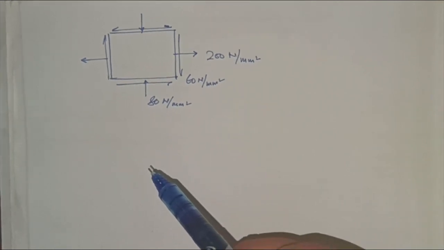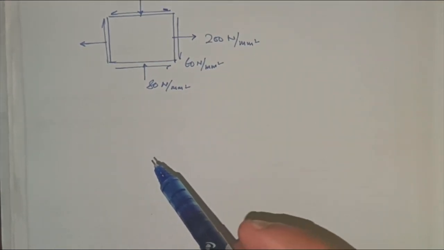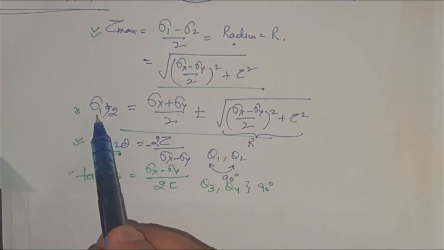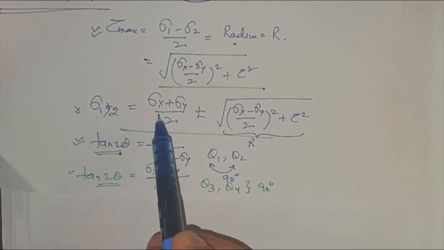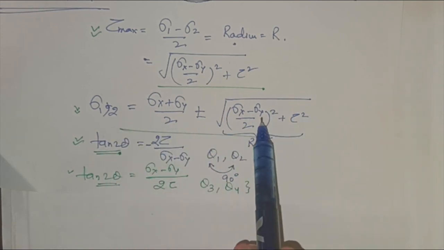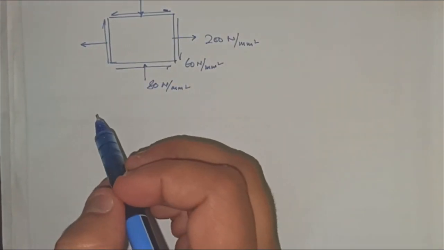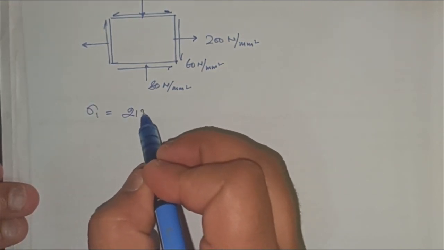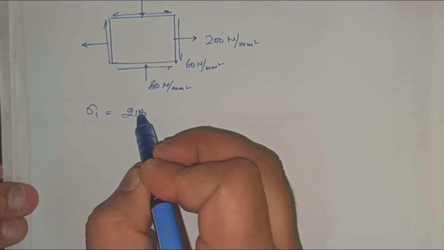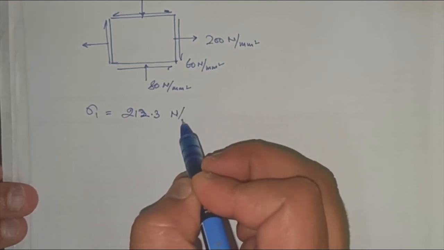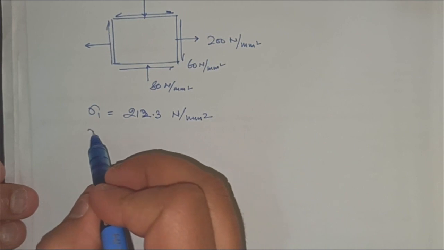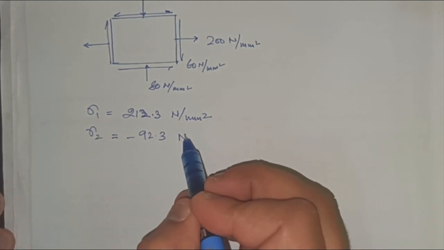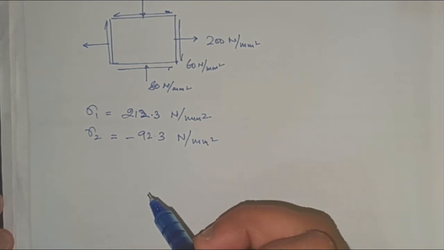So now you know that first of all, find out the principal stresses. From this we know that the principal stresses sigma 1 and sigma 2 can be obtained through this expression. When you put in the values, you will be getting sigma 1 as 212.3 Newton per mm square and sigma 2 as 92.3 Newton per mm square.